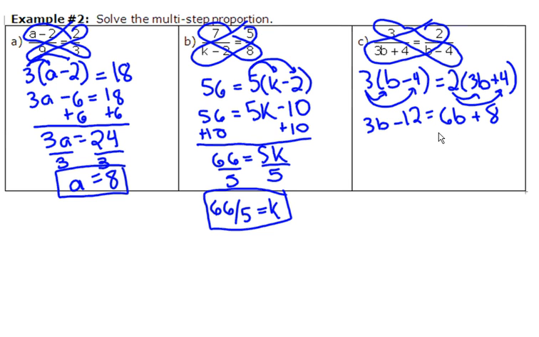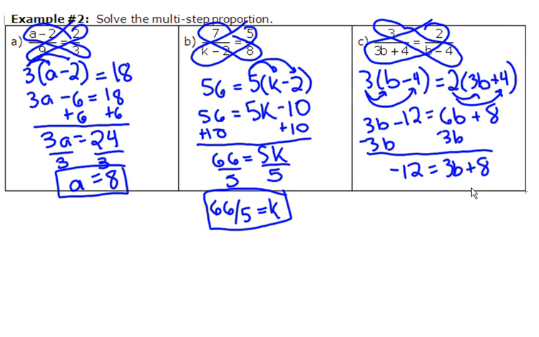Now from here I have to solve my equation. Remember, when we have variables on both sides, we need to move them to one side. So I'm going to move the 3b. Since it was a positive 3b, I'm subtracting it. So 3b minus 3b is 0, so I'm left with negative 12 on the left side. 6b minus 3b is 3b, and I have plus 8.